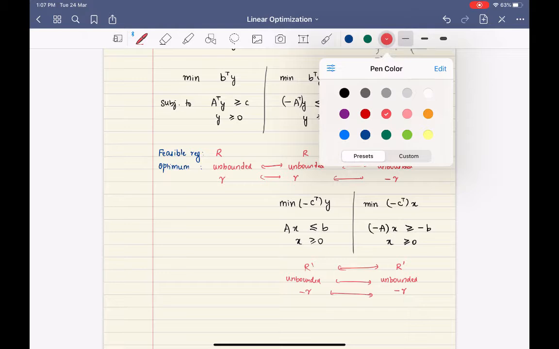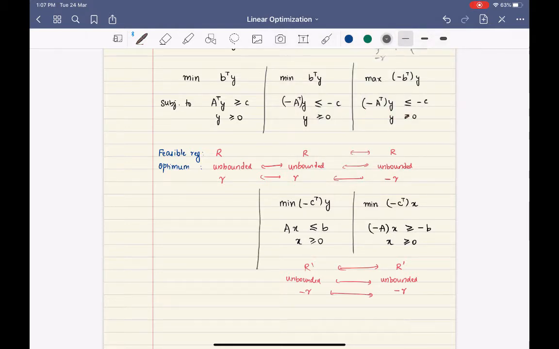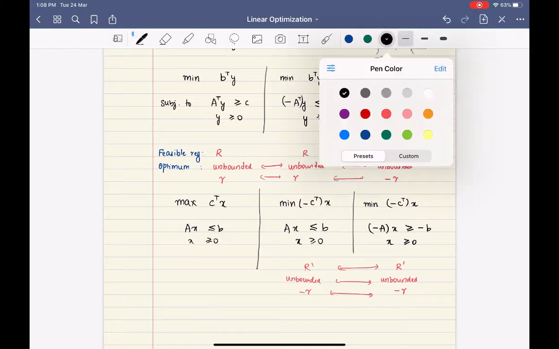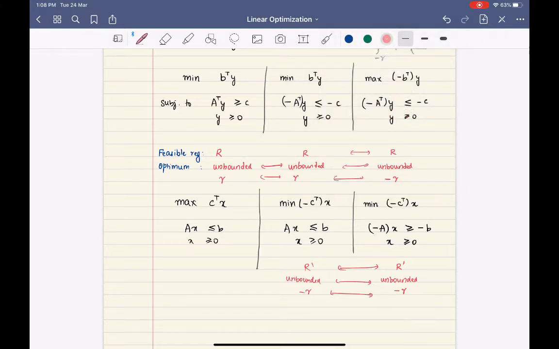And finally, I will make another transformation, which is changing min to max, so max of C transpose x with Ax less than or equal to B, x bigger than or equal to 0. Note that in this transformation, the feasible region remains the same. However, the optimum will change sign.